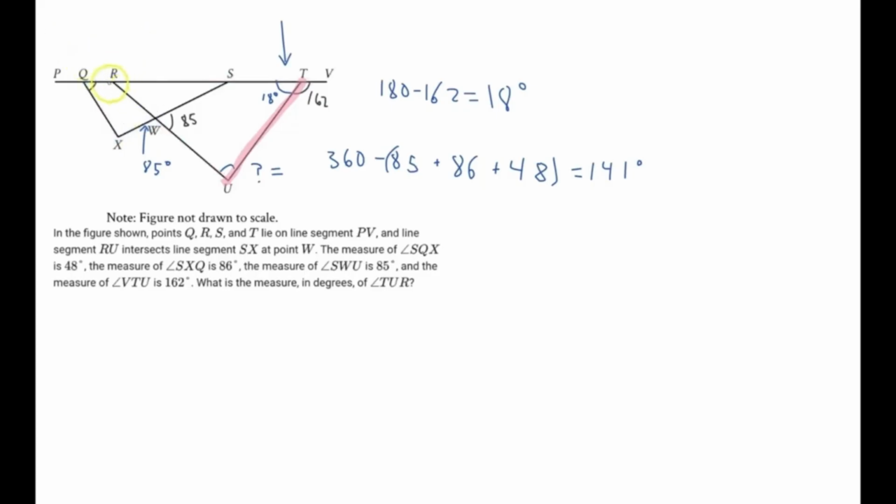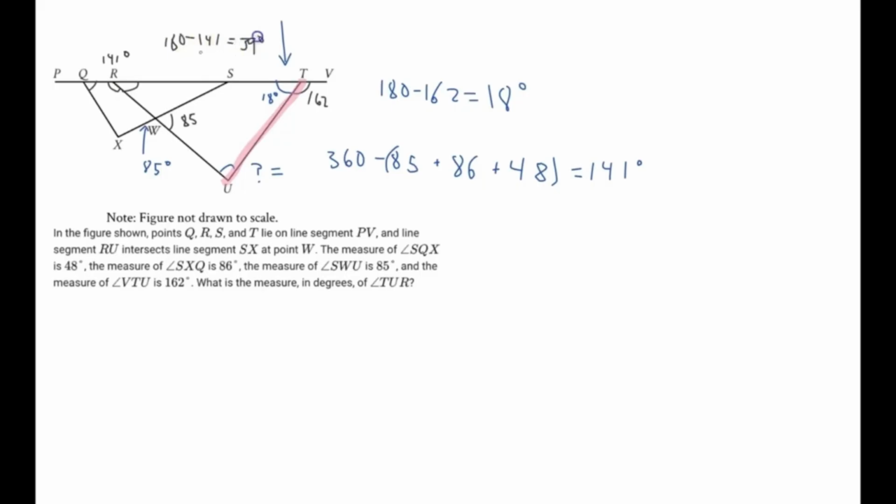So now we've found that this angle right here is 141 degrees, right? And again, we have two angles on a straight line, so that has to equal 180 degrees. So what is this angle right here? Well, that's just 180 minus 141, and 180 minus 141 is just 39 degrees.